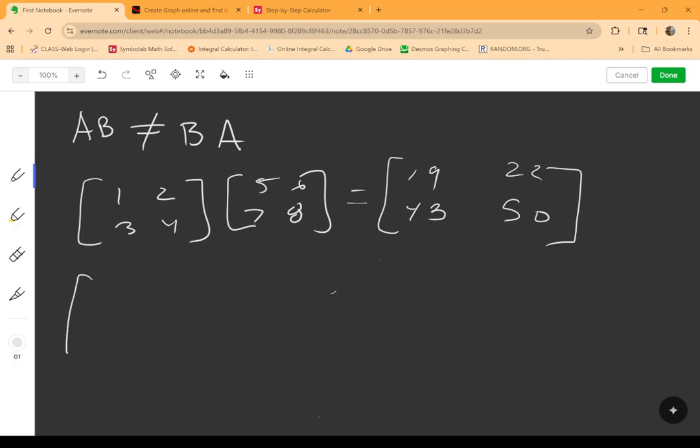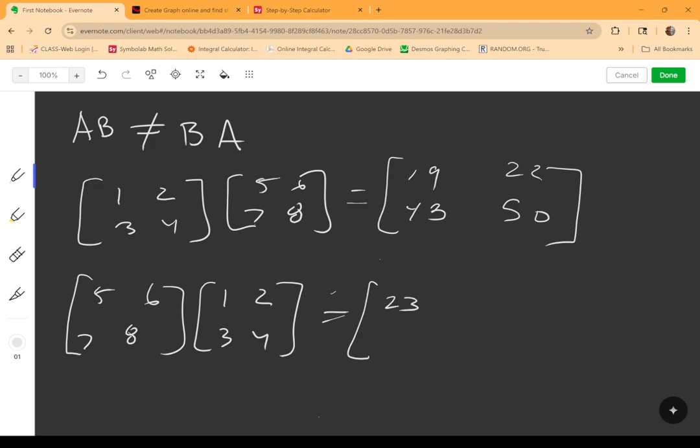And then if we reverse the order, we get 5, 6, 7, 8 times 1, 2, 3, 4. Looking at that first row, first column, 5 times 1 is 5, 6 times 3 is 18, so 5 plus 18 gives me 23. Already we could see they are different. Second row, first column, 7 plus 24 gives me 31.